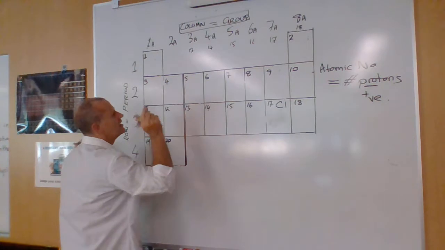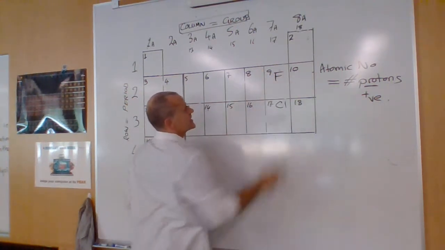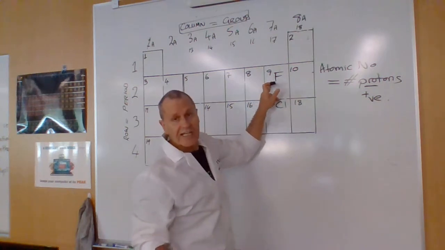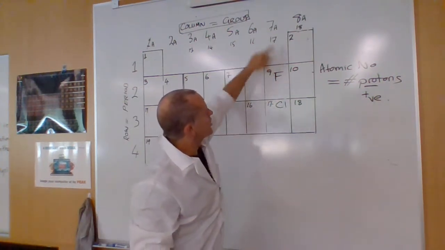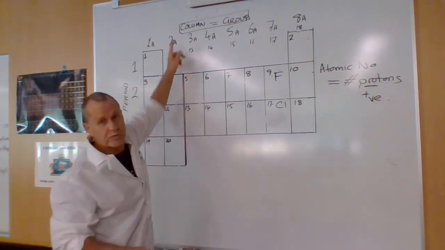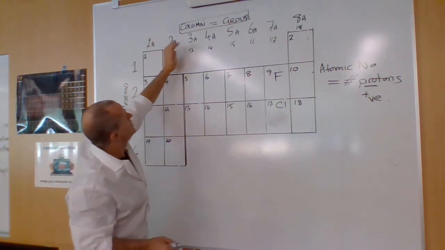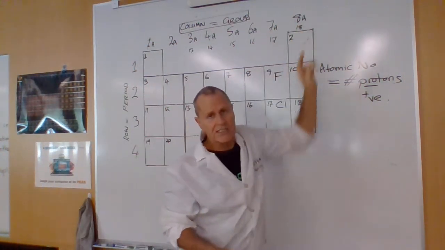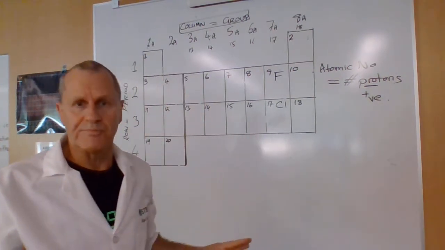Any atom with, say, what are we up to here? Fluorine. Let's keep those ones. With 9 protons is fluorine. And these are in the same group, because a column in here is a group. Now, I'm only going to refer to 1, 2, 3, up to 7, 8 groups. On your periodic table, you've got 18 groups.